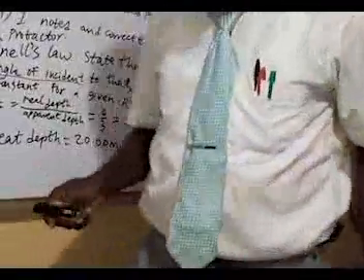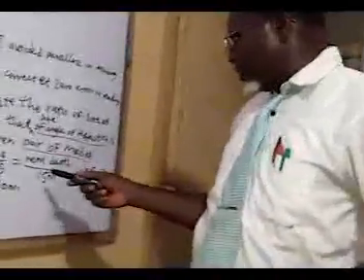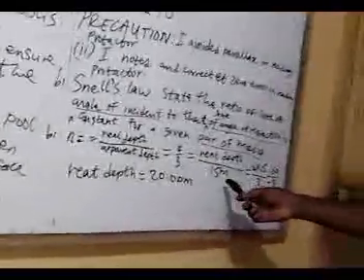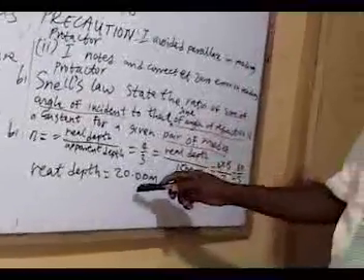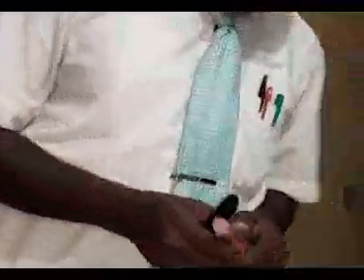The real depth will be greater than the apparent depth. The apparent depth is 15 meter, but the real depth is 20 meter. So if you don't know how to swim, don't jump into the swimming pool.